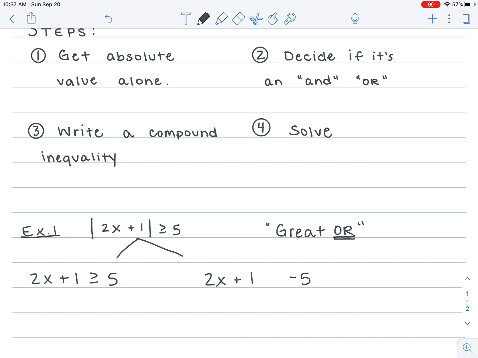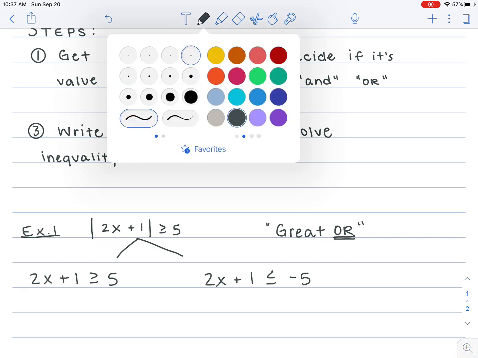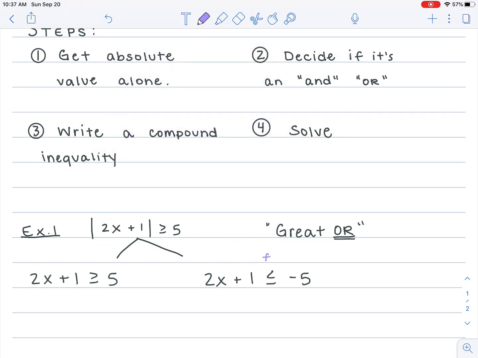Now the catch is, usually when we flip the sign in an inequality, what happens to that inequality? Usually when you flip it, aka you divide by a negative, you change the sign. All right, so that's huge here. So make sure you flip the sign and change the number to the opposite. So it was 5, now it's -5.